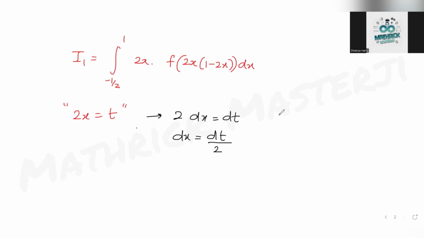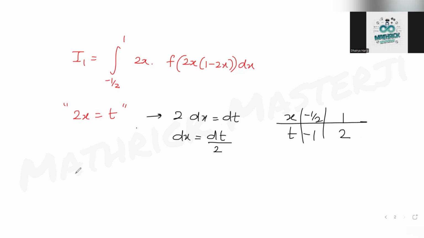And the limits will change: x goes from minus half to 1, so if x is minus half, t becomes minus 1, and if x is 1, t becomes 2.